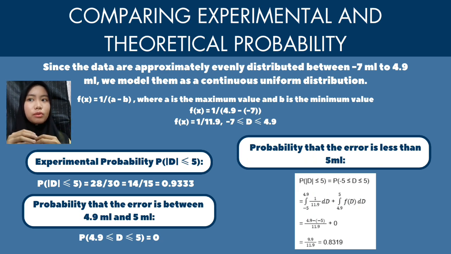When it is out of our data, it is elsewhere, and when it is elsewhere, it will be 0.